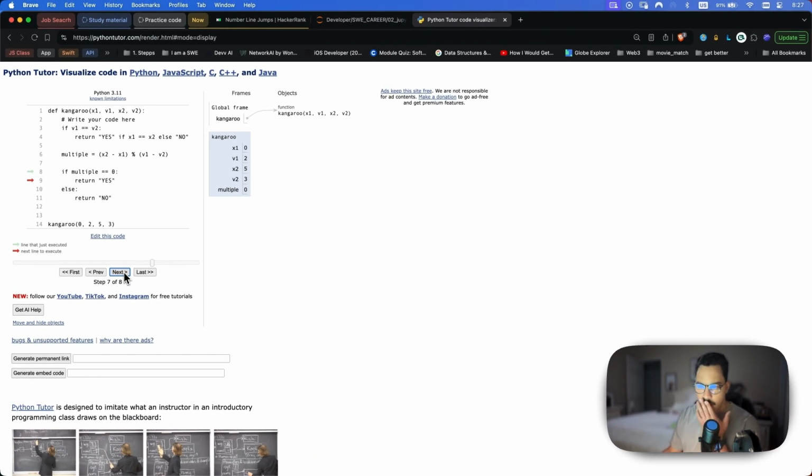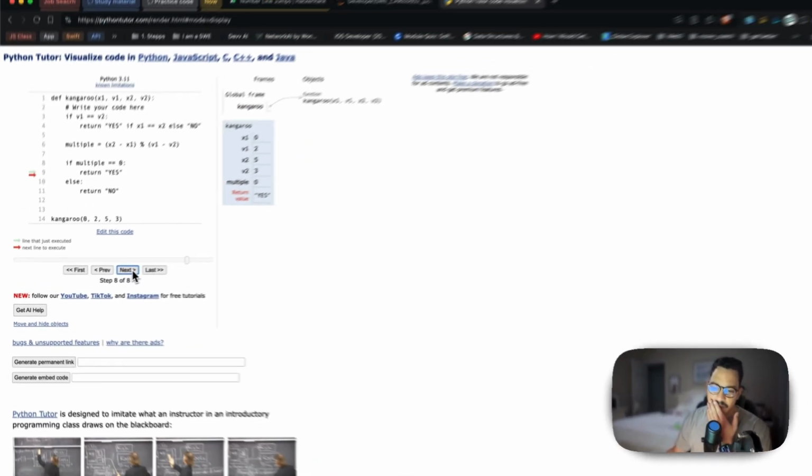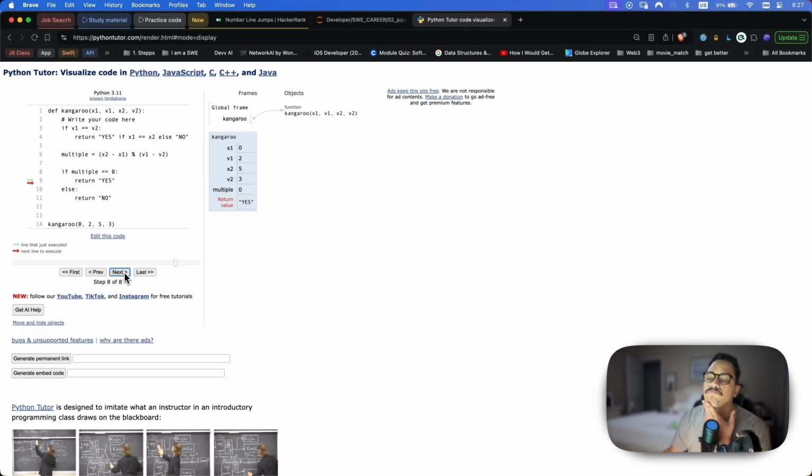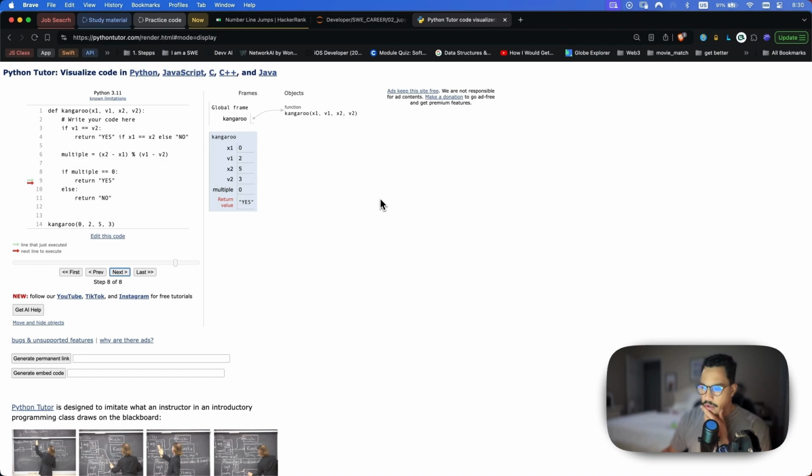So it would return yes, because the multiple is coming as a 0. I wonder if... I know it's not my edge case.